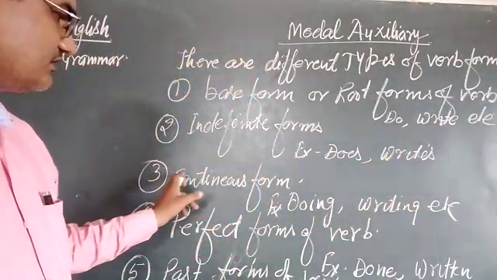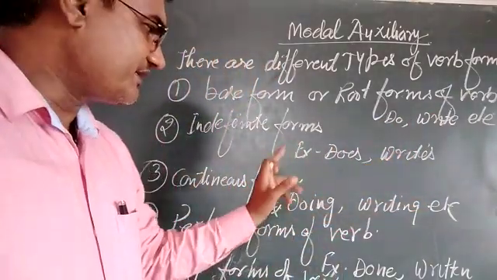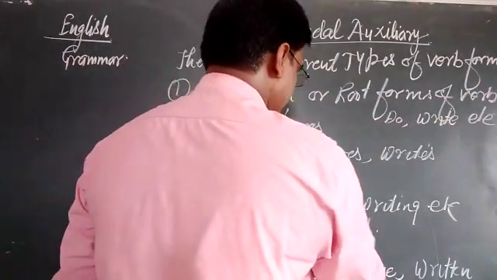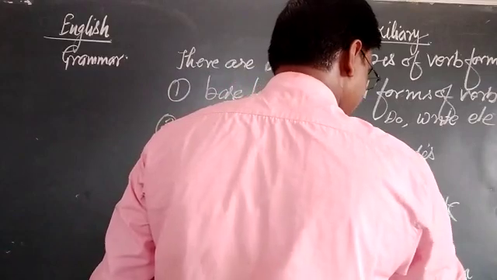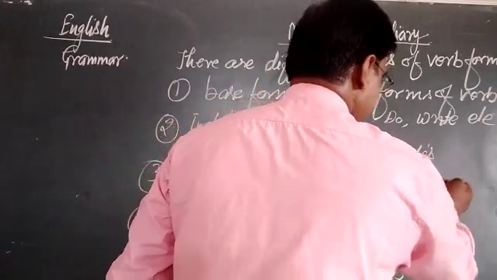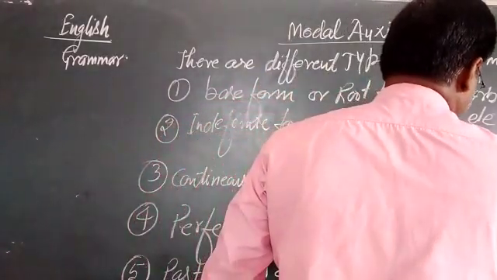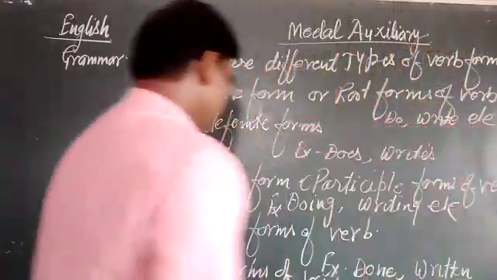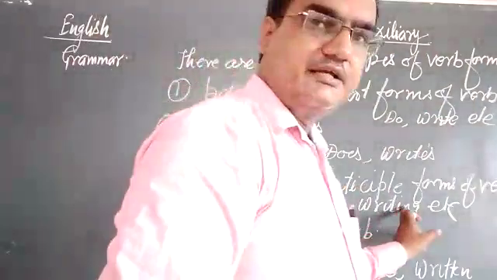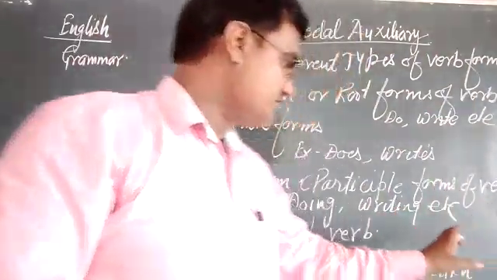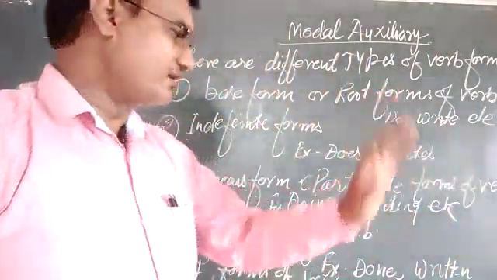Next, continuous form, also called participle form of the verb: doing, writing, jumping, swimming, so many forms, right?